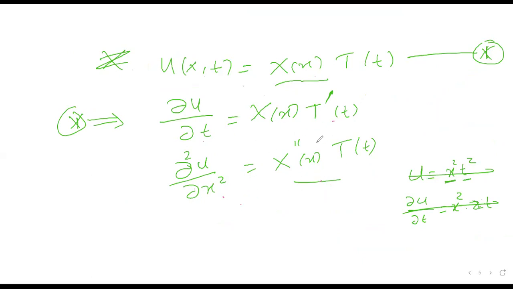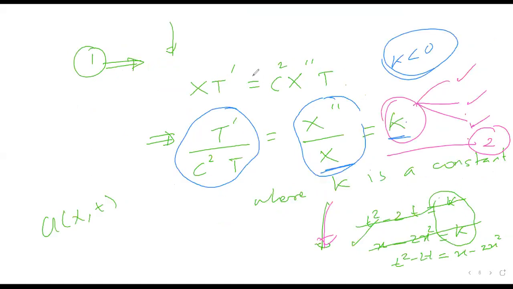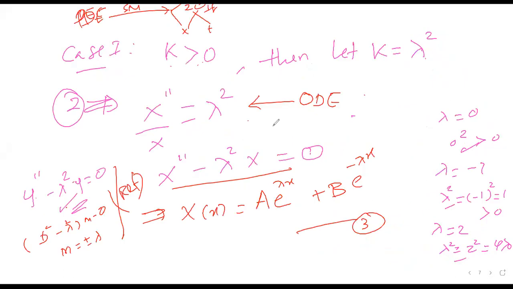So this is my answer, and I put it into equation number 1. Then I separated the t variable to one side and the x variable to the other. To separate, I need a constant, so I analyzed which constant I can use.